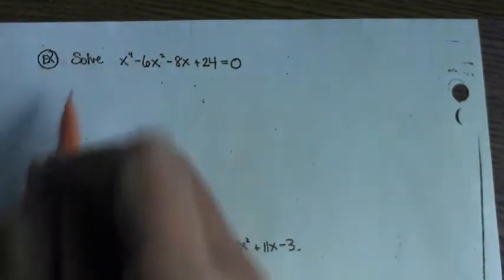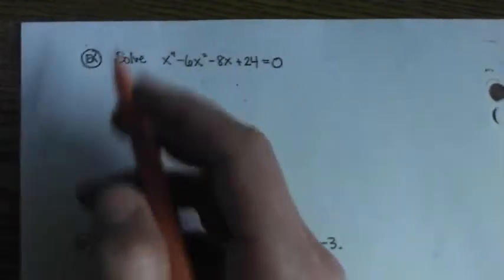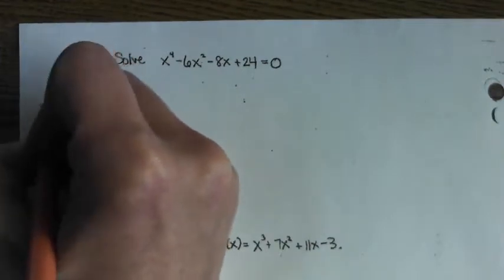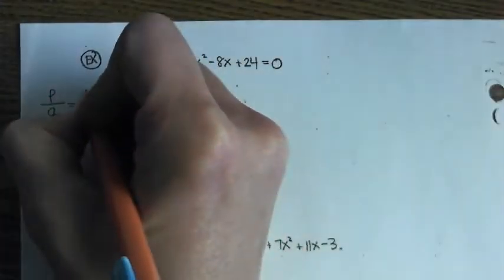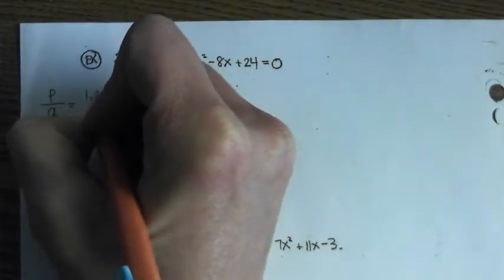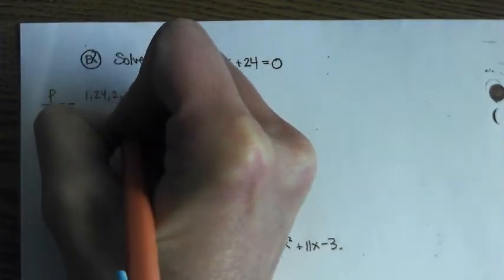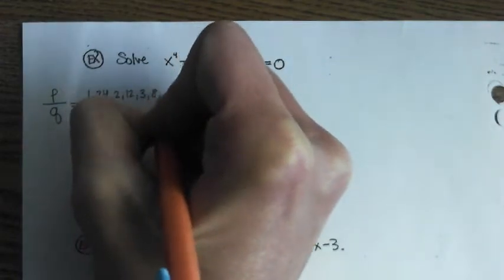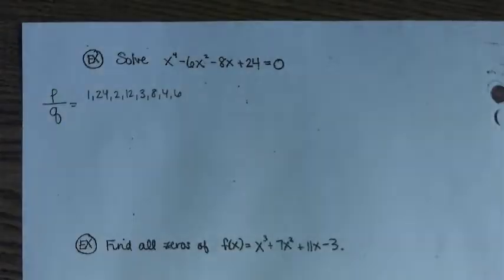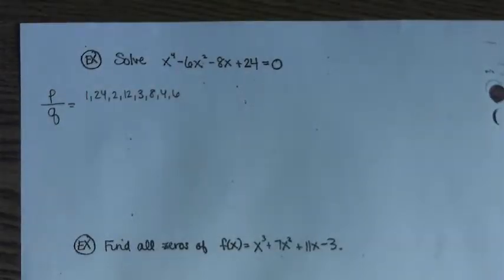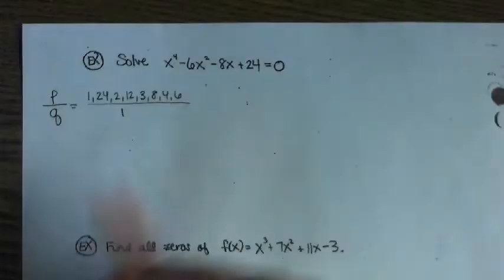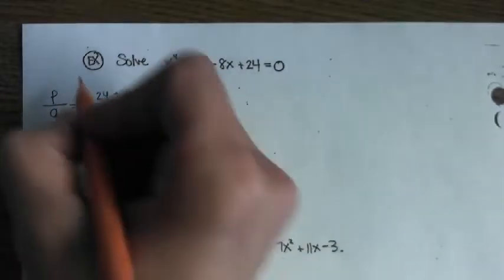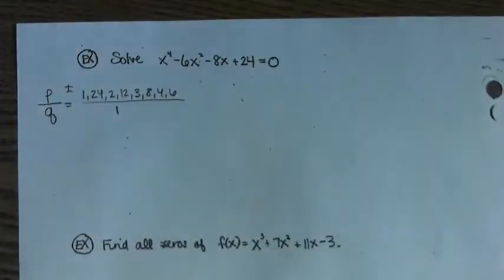So if we look at our list of possible ones to check, our p values are 1, 24, 2, 12, 3, 8, 4, and 6. Our q values are just 1. The factors of 1 are just 1. And then all the plus or minus versions of that.